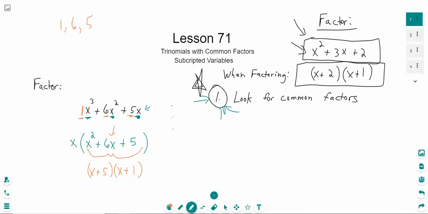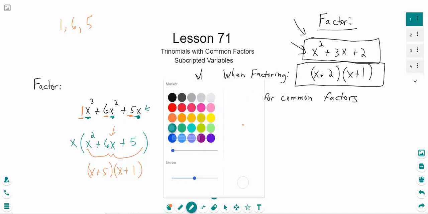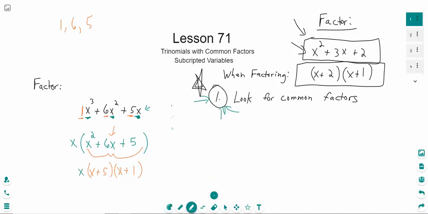All right, so this inside trinomial can be broken down into this binomial, and we can't forget about this x. Now that we've worked out the inside of the parentheses, this x still needs to come down next to our other two factors here. All right, so that just moves straight down.